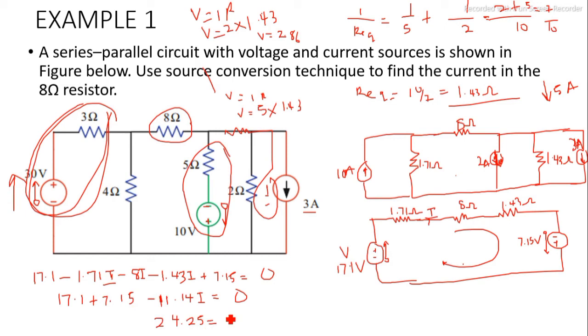Then bring this to this side, and I'm going to have 24.25 equals 11.14 I. So that means your I, the current flowing, equals what?